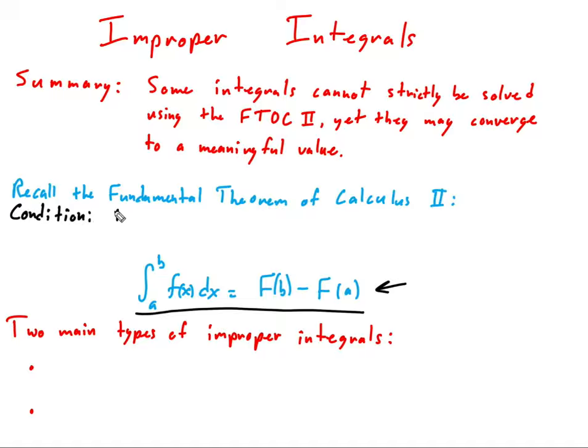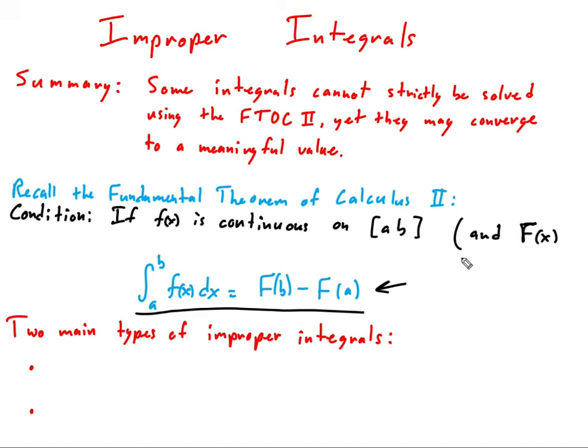The condition is that f of x is continuous on the closed interval from a to b, and capital F is an antiderivative of small f of x.